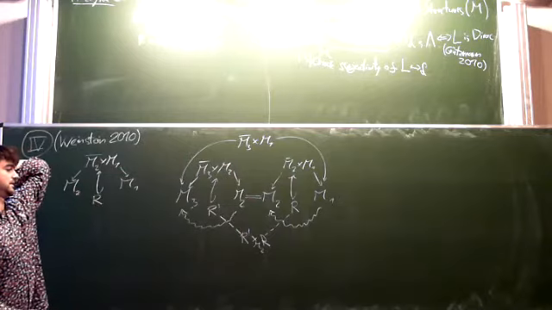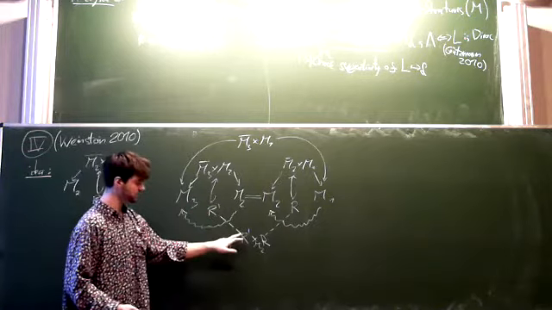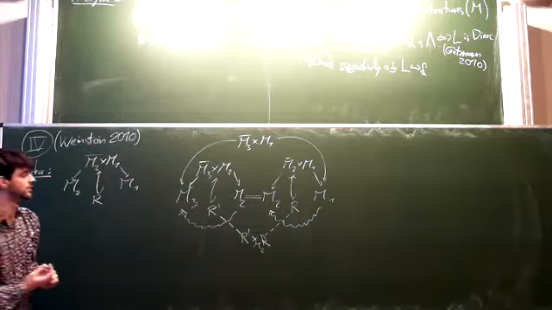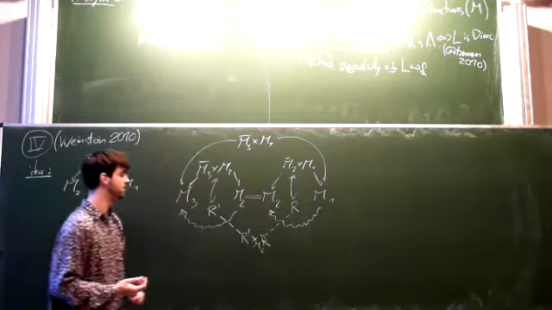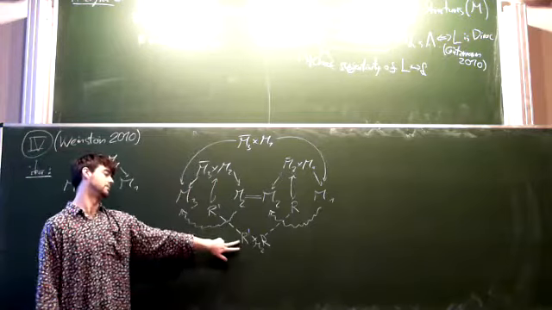Now this might not exist, and we need some kind of transversality conditions. And so this is the first complicated part. This may not exist, and we need to check certain conditions.